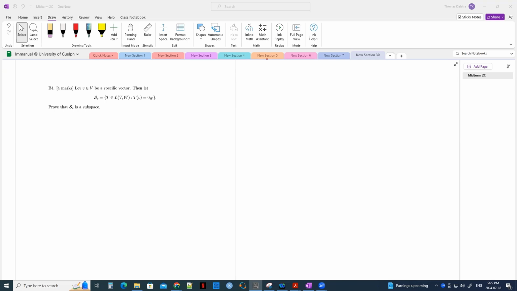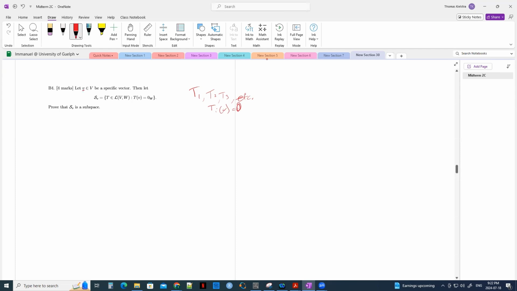So I'm looking at linear transformations T1, T2, T3, etc. These are my vectors, and the property that they have is Ti(v) equals 0. And it's not for all v in V, it's just for a specific vector v.